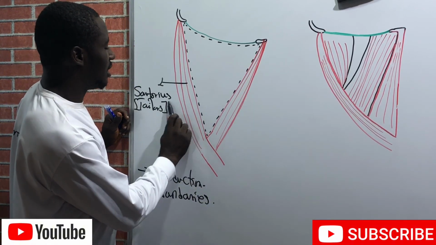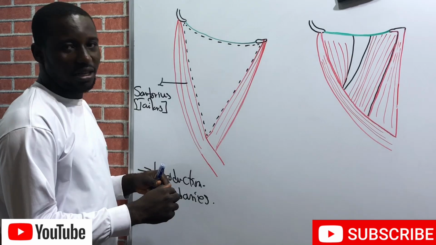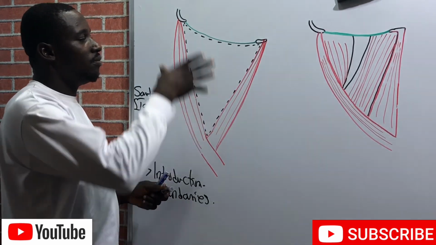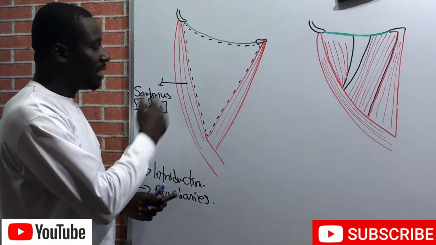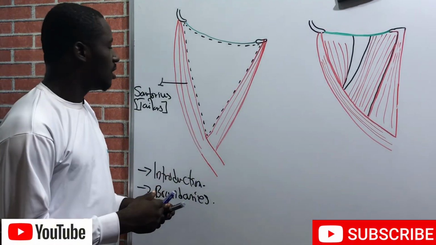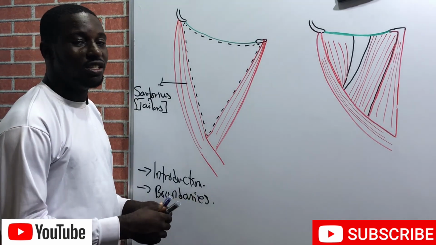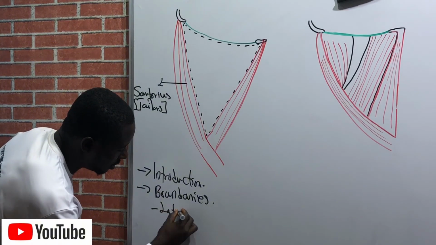Here is the lateral boundary, while here is the medial wall. While we'll be talking about the apex, we discover that it is the two medial walls of the muscles that form the apex. So the lateral boundary is being formed by the medial border of the sartorius muscle, which is the tailor's muscle.